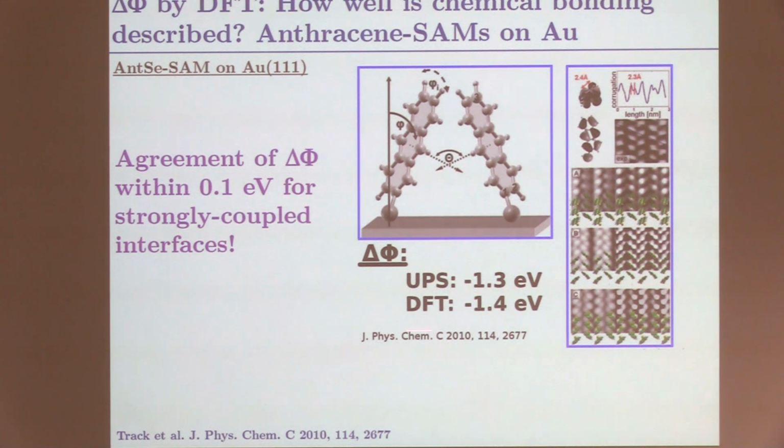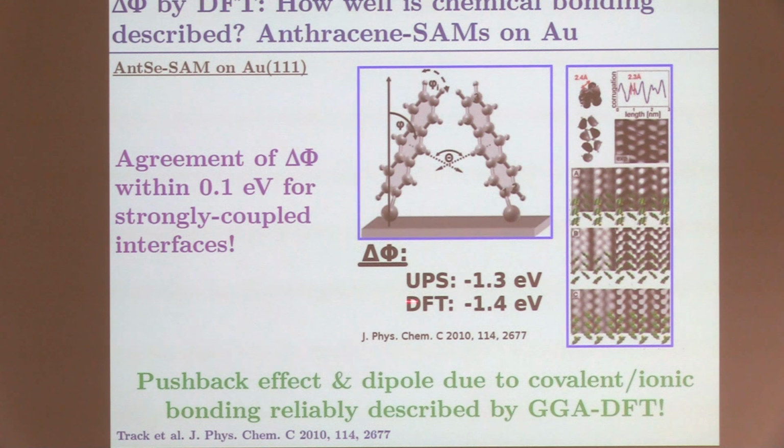And when they used that geometry, they found the delta phi, the work function modification, to be really in good agreement with experiment. So whatever is happening with pushback effects and dipoles due to covalent or ionic bonding in these systems seems to be reliably described once we account for the geometry.